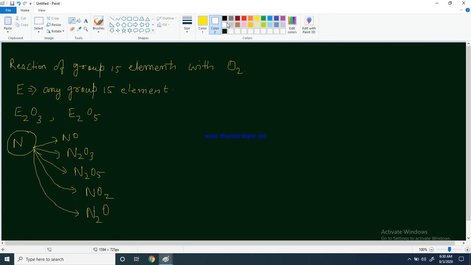So apart from these 2 types of oxides, other 3 types are also possible in case of nitrogen. But in case of phosphorus, it forms either P2O3 or P2O5, which further exists as P4O10.